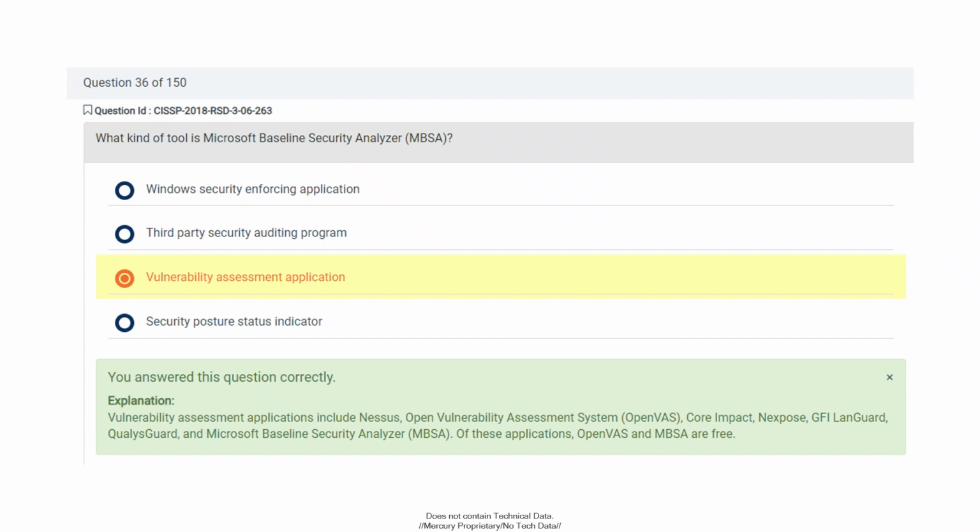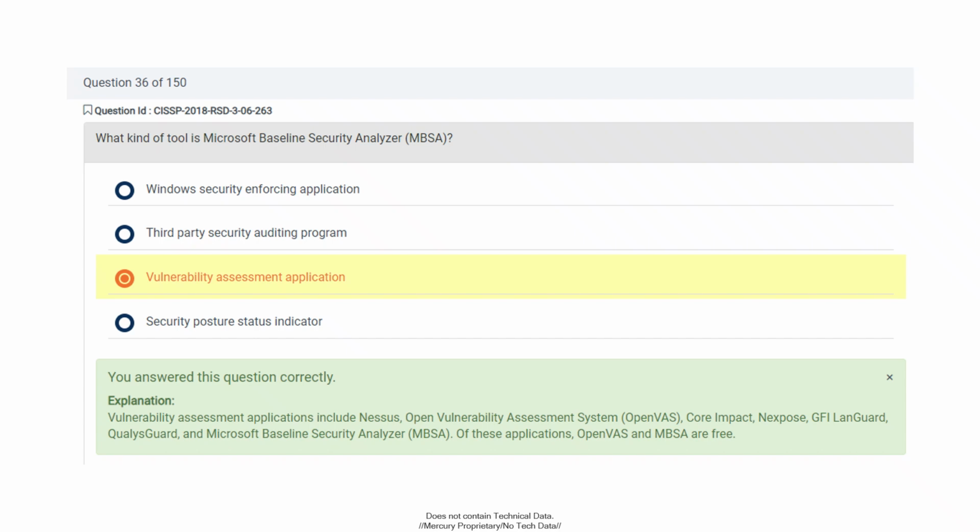Vulnerability assessment applications include Nessus, Open Vulnerability Assessment System or OpenVAS, Core Impact, NeXpose, GFI LanGuard, QualysGuard, and Microsoft Baseline Security Analyzer or MBSA. Of these applications, OpenVAS and MBSA are free, although the others also have a free subscription.